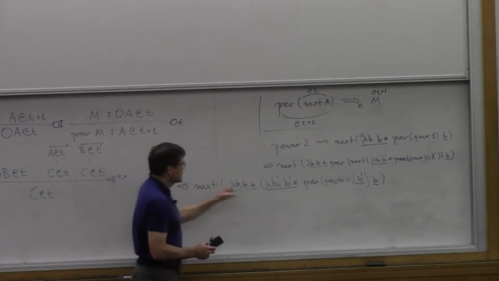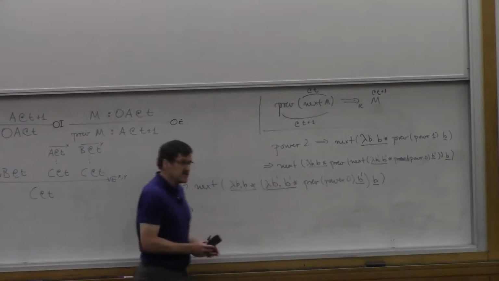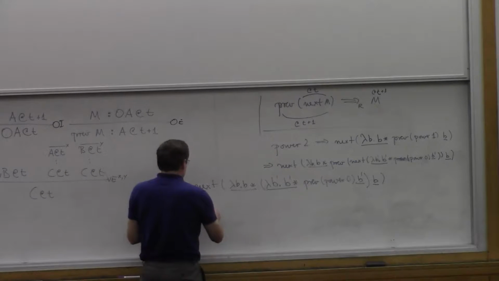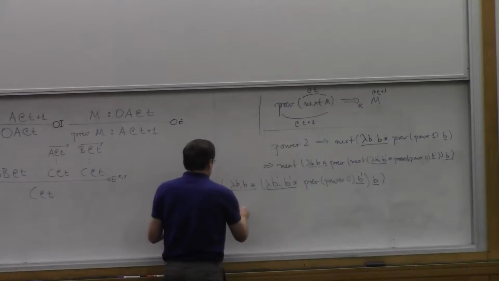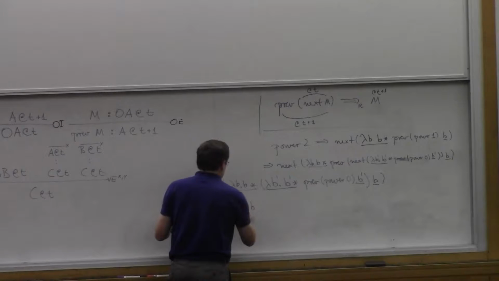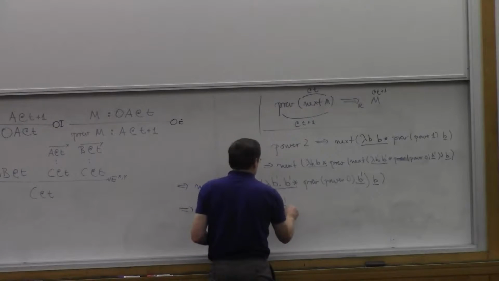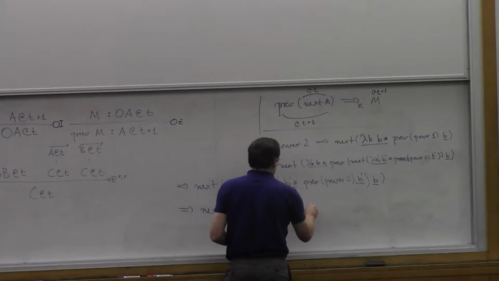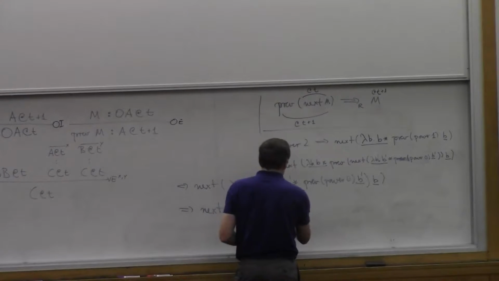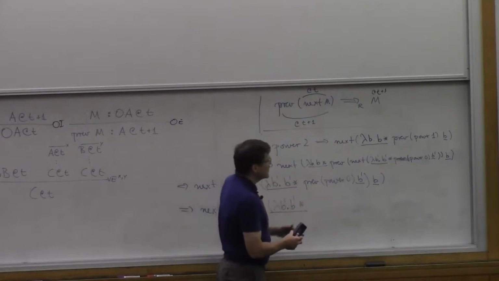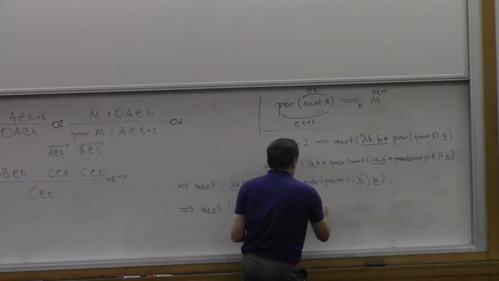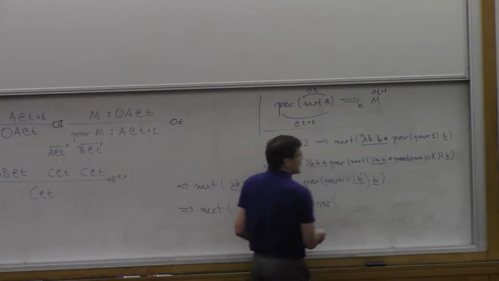The only thing I'm going to reduce at this point is power of 0. That's at time 0, so I have to do that. I get next of lambda b underlined times lambda b prime times, this is all underlined, and power of 0 becomes, what does power of 0 become?